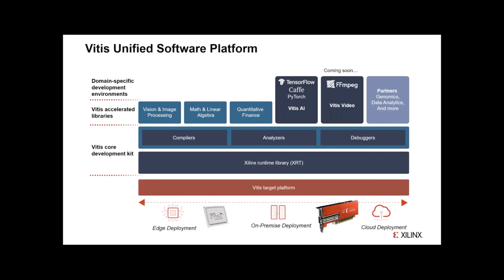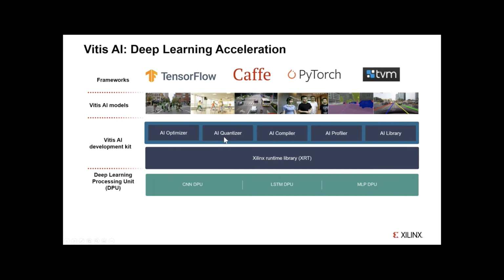Now, on top of that, we have a suite of accelerated libraries. We have the Vitis Vision and Image Processing Library, which I'll touch on in a bit more detail. And we also have the Vitis AI library that you're seeing here. And this will really be the focus of the presentation today. So Vitis AI is really in existence to give you access from the framework to go directly to Xilinx hardware.